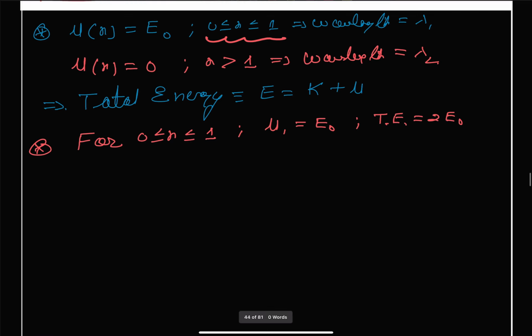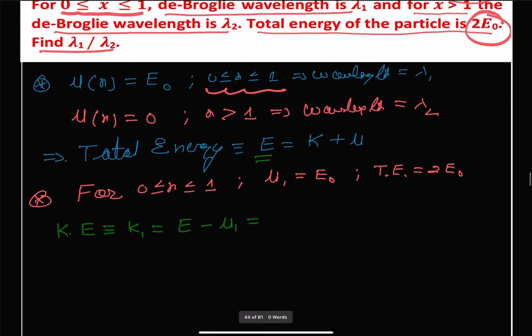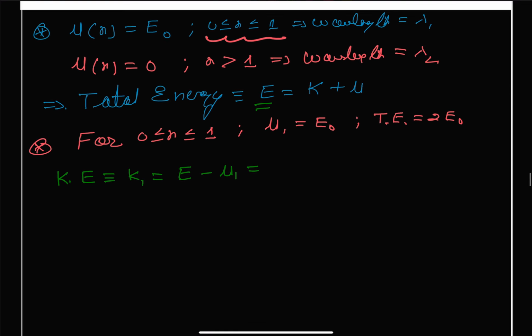Therefore we can say that the kinetic energy K1 will be equal to our total energy E minus U1, and total energy E is equal to twice E naught, which is given to us.